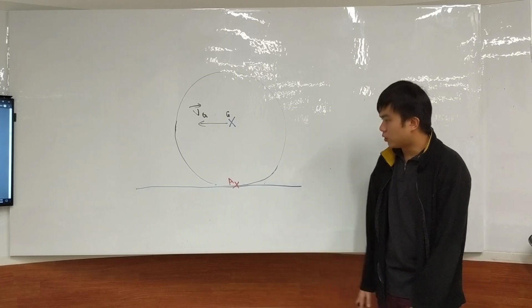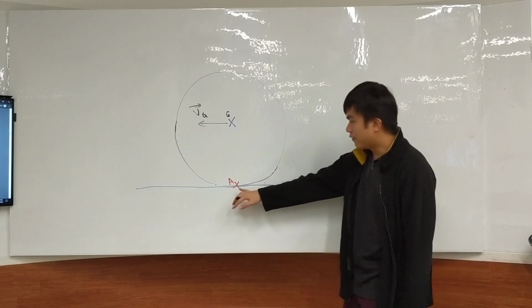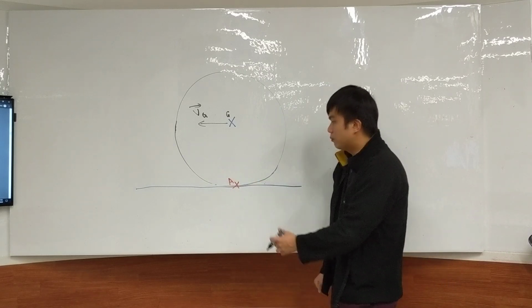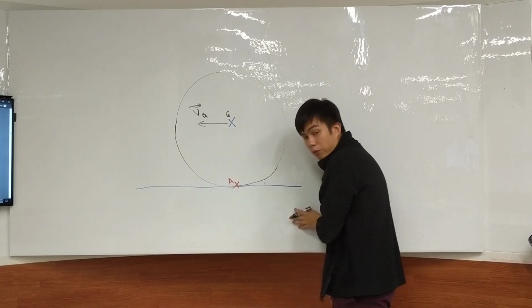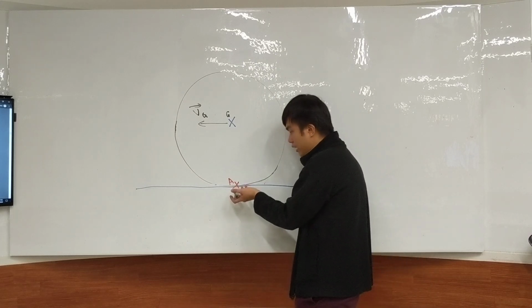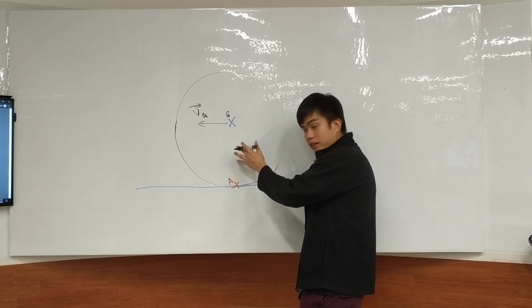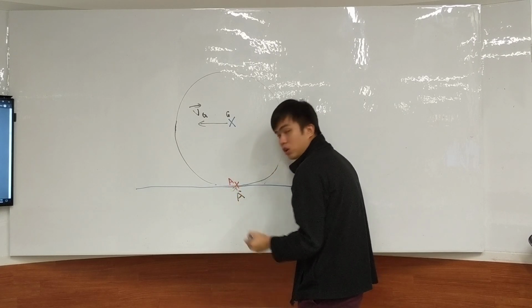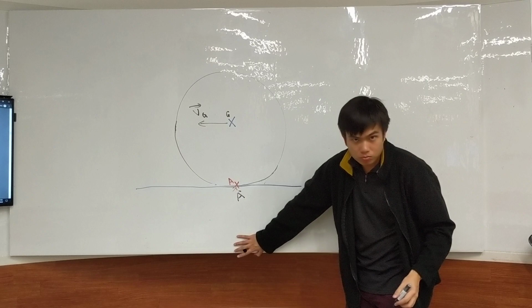Please take note, first misconception. At this intersection point, the contact point between the wheel and the ground, there are actually two points. One point is point A, which belongs to the wheel, and the other is point A prime, which belongs to the ground.